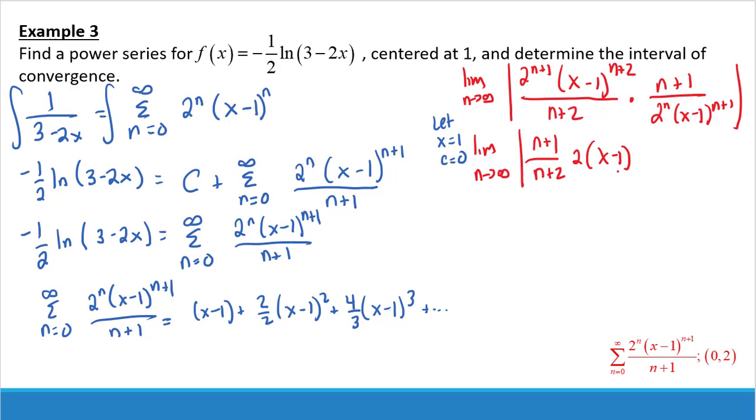Okay, so this goes to 1, so this absolute value of 2 times x minus 1 has to be less than, not less than or equal to, less than 1. Okay, so this is where I have an interesting thing.